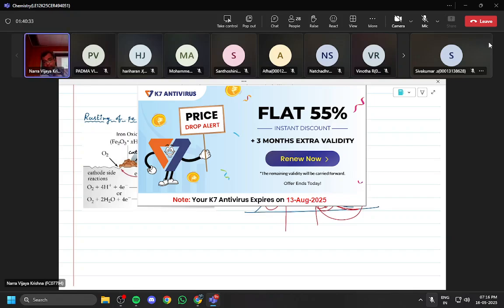Where oxygen is in contact, O2 can react with H2O to form 2OH minus by gaining 2 electrons. Check whether the reaction is balanced or not. What happened, oxidation or reduction? Reduction, so can I call this the cathodic part? That's what I am saying, cathode.